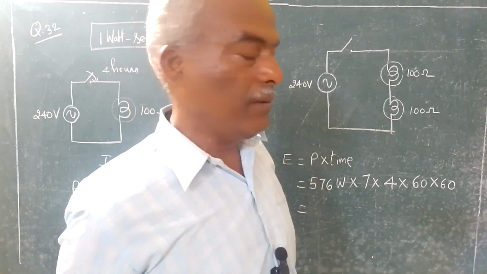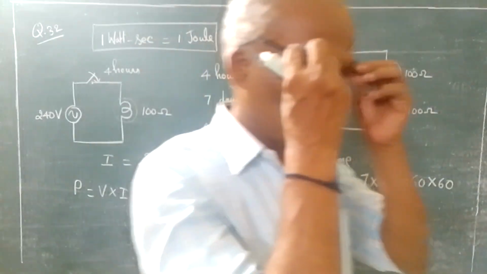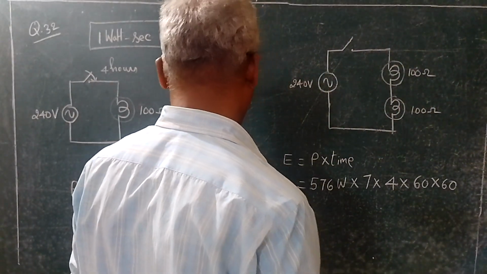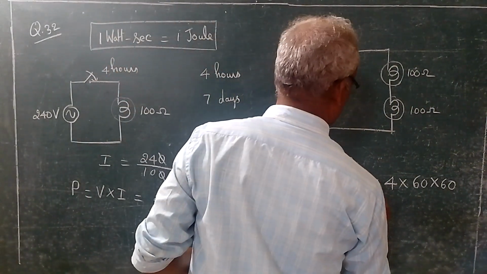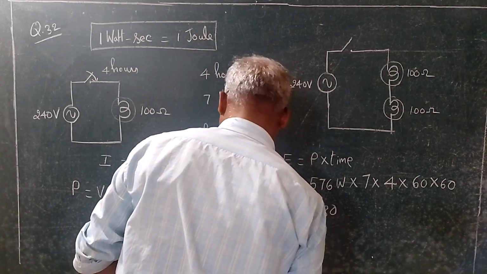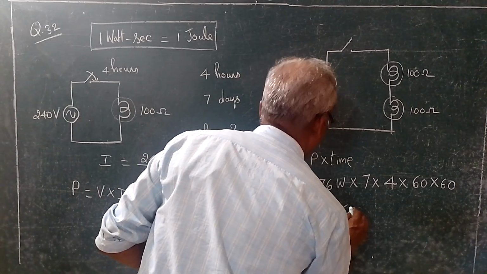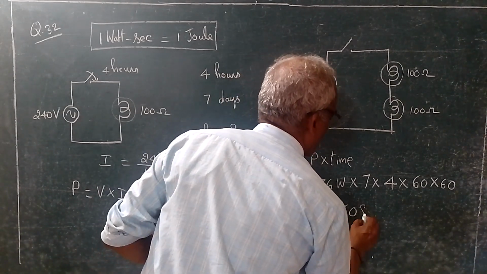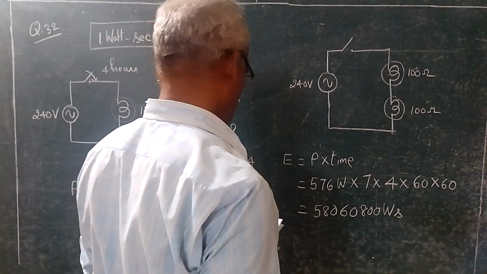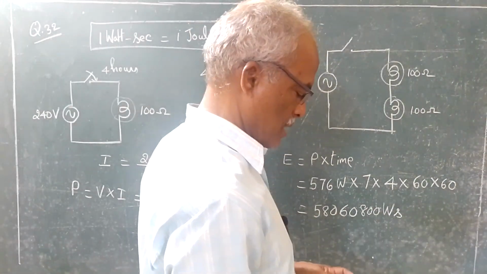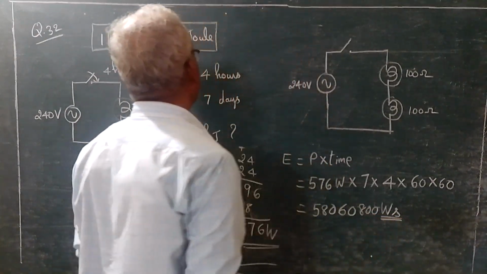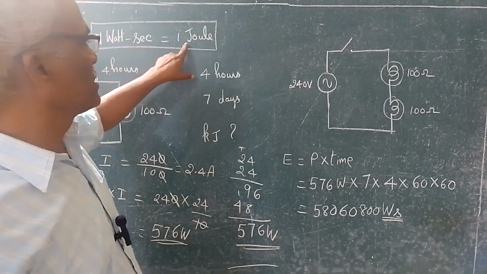So if you multiply, you will be getting the answer as 576 into 7 into 4 into 60 into 60. So this will give you 58060800 watt second. So now this watt second can be replaced by joule, since 1 watt second is equal to 1 joule.